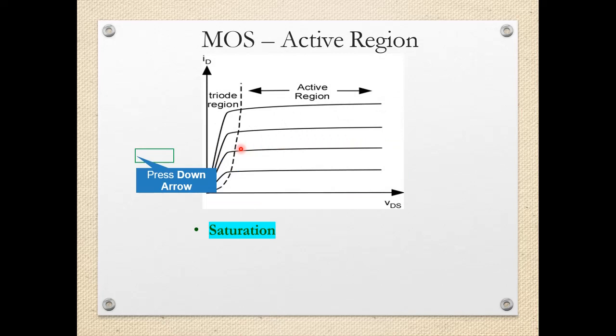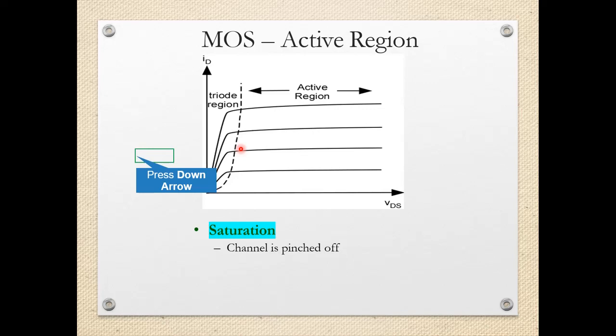So this is the characteristic for MOSFET. So ID, that is the drain current, is plotted versus VDS, that is the drain to source voltage. So as drain to source voltage is increased, initially in the triode region there is a linear relationship which is also called as the ohmic region, and after that it becomes an active region in which the further increase in VDS will start reducing the channel and ID will not increase anymore.